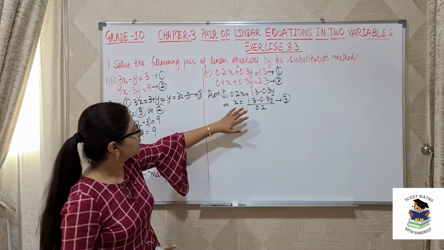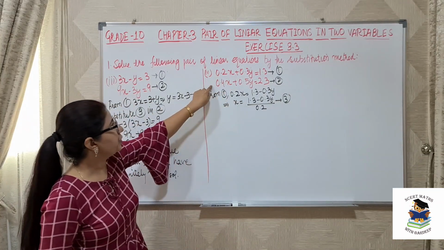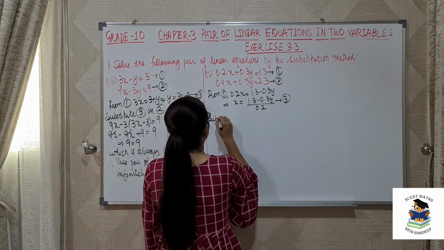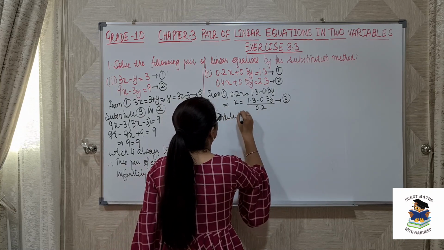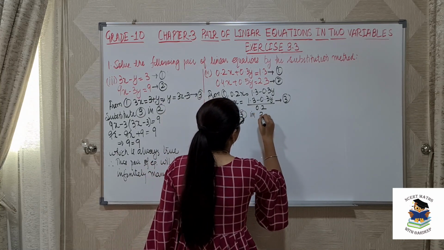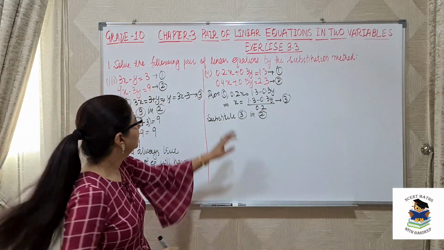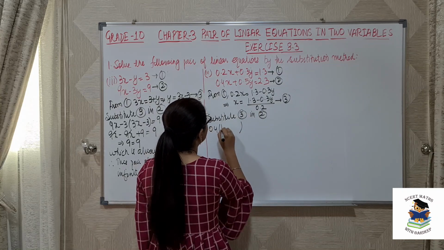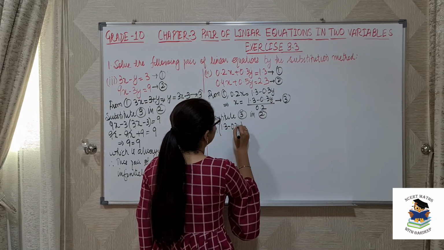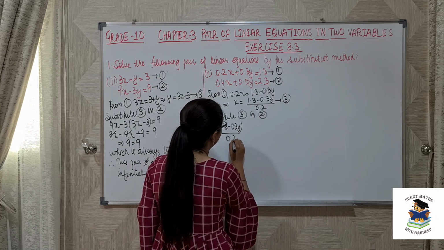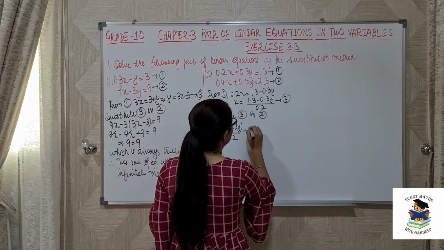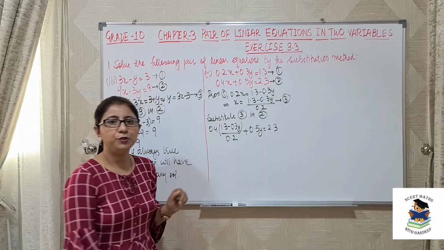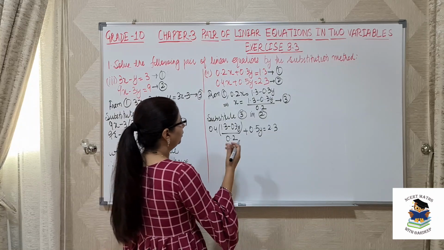Correct? So now we will substitute 3 in the second equation because we have used the first equation before. So substitute 3 in 2. Okay. So let's do it. 0.4 times x. So x is (1.3 minus 0.3y) divided by 0.2, plus 0.5y is equal to 2.3. So now how to solve this?